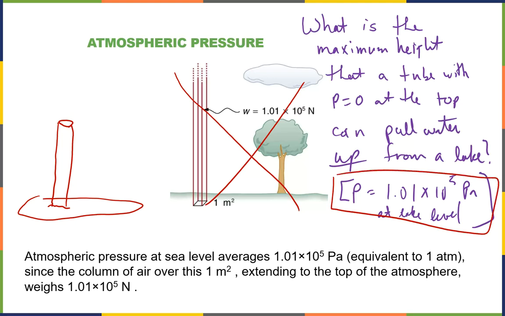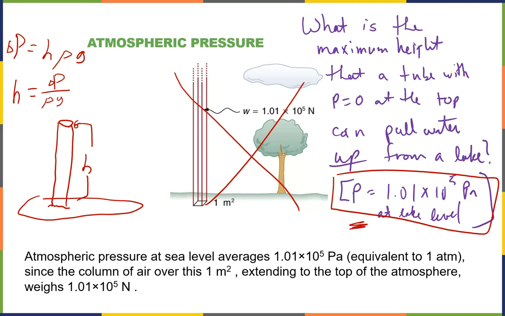We know that there's an equation for pressure, which is pressure equals the height times density times G. Technically that's delta P, the change in pressure. So if we want to solve for height, which is what it's asking for, the maximum height, H is equal to that delta P over the density and gravity, which we have all of the data for.